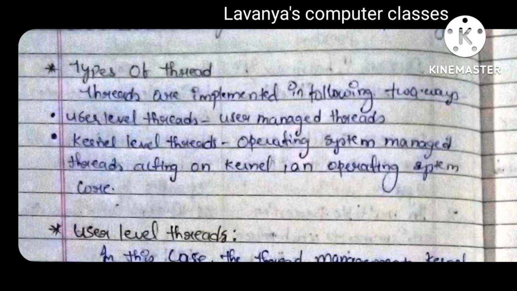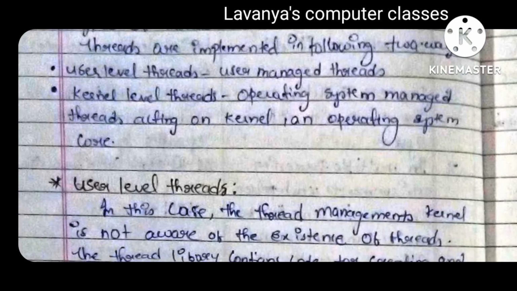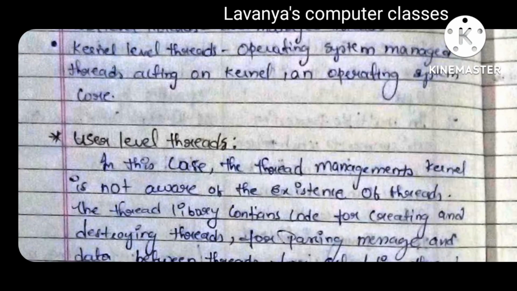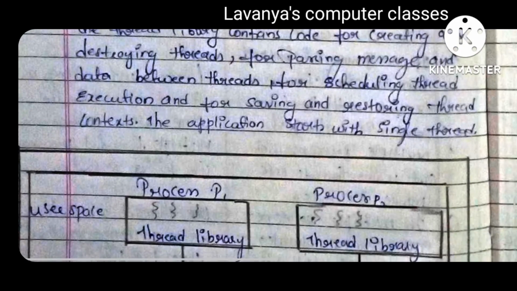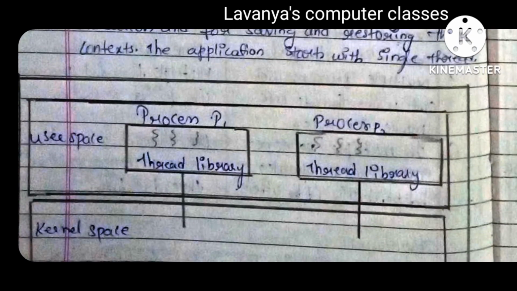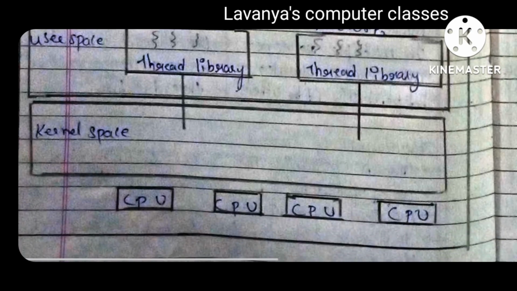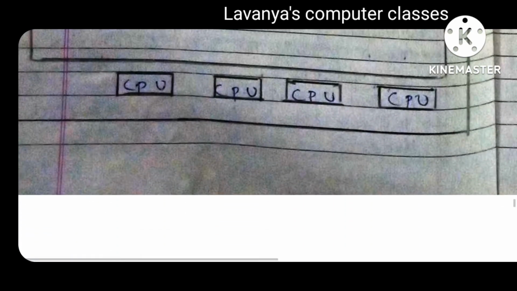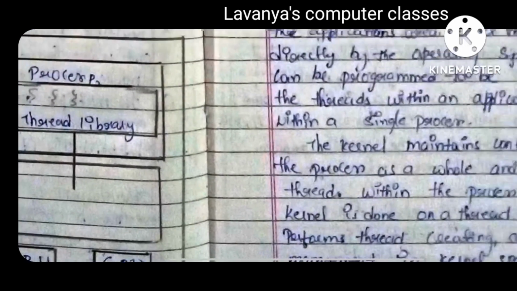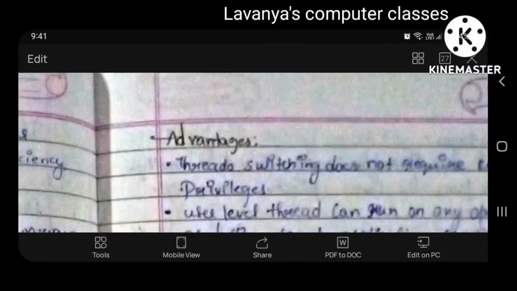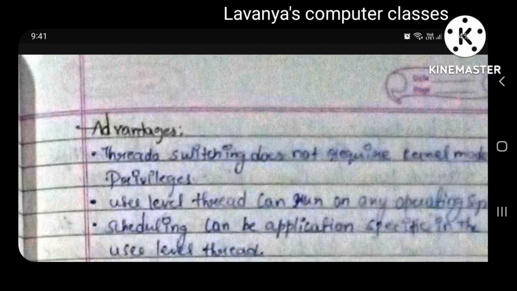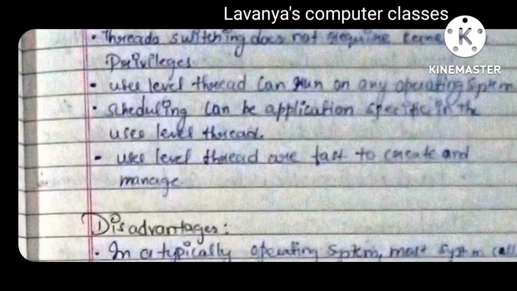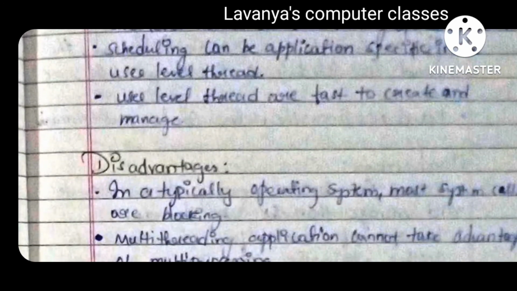Here types of threads. There are different types of threads. User level threads. This is the diagrammatic representation of user level thread. Advantages, disadvantages.